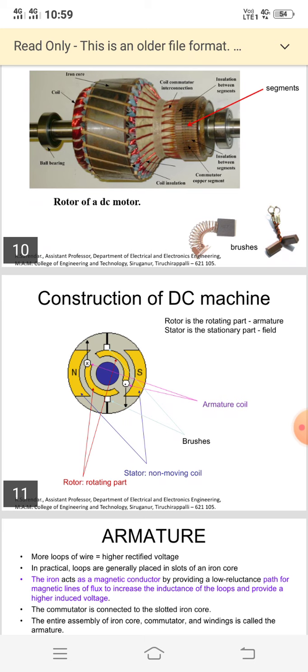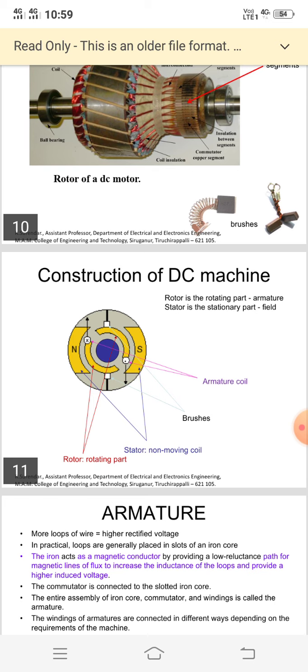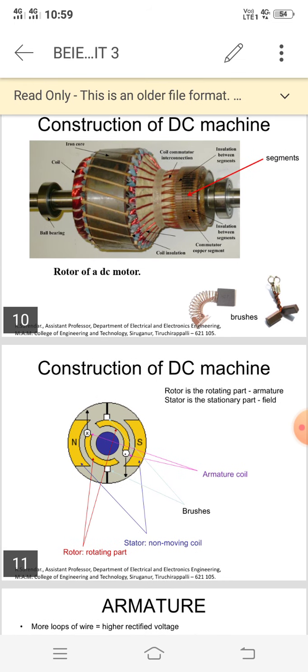It is a rotating part. Along with the rotor, brushes are connected to receive the current from the stator. The brushes are very important here. Okay, this is the construction of DC machines.